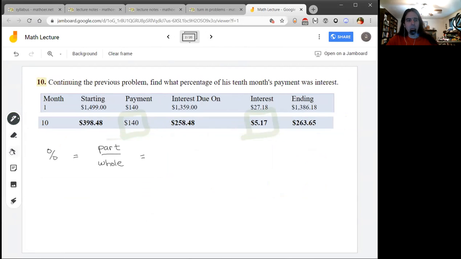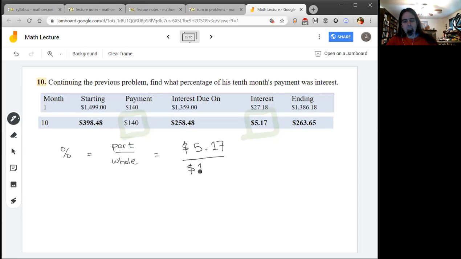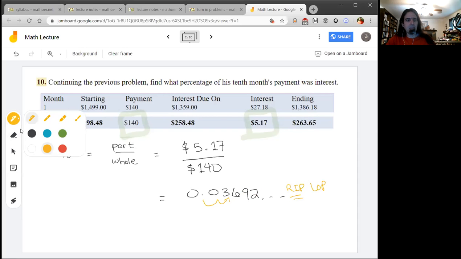So our part divided by whole is going to be $5.17 and 140. That's 0.03692, and so on. So it's about 4%.